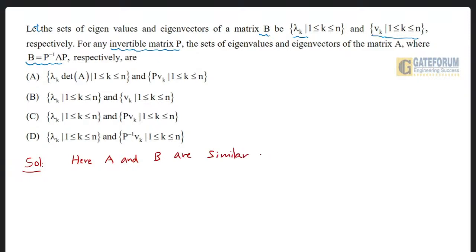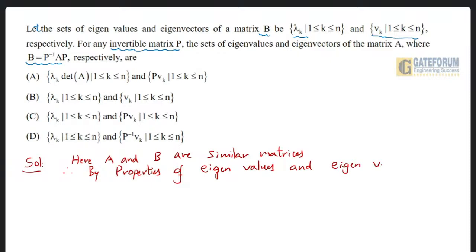A matrix B is said to be similar to another square matrix A of order n if there exists a non-singular matrix P such that B is equal to P inverse A P. Therefore, by properties of eigenvalues and eigenvectors: first point, A and B, that is P inverse A P, have the same eigenvalues.